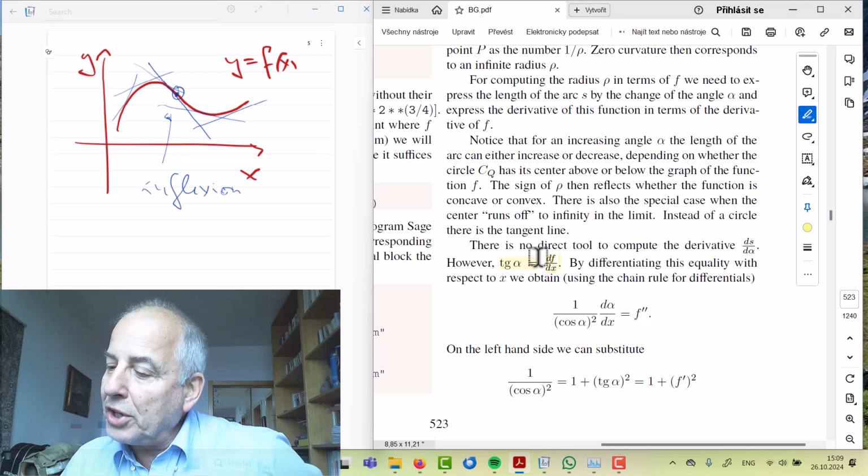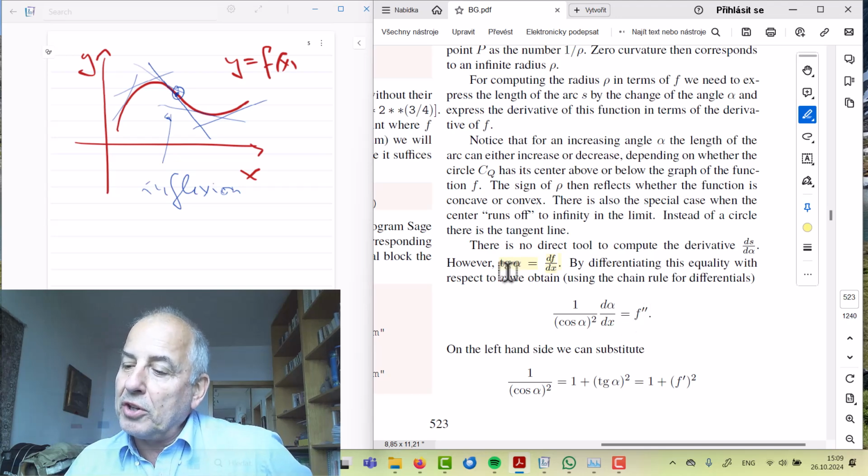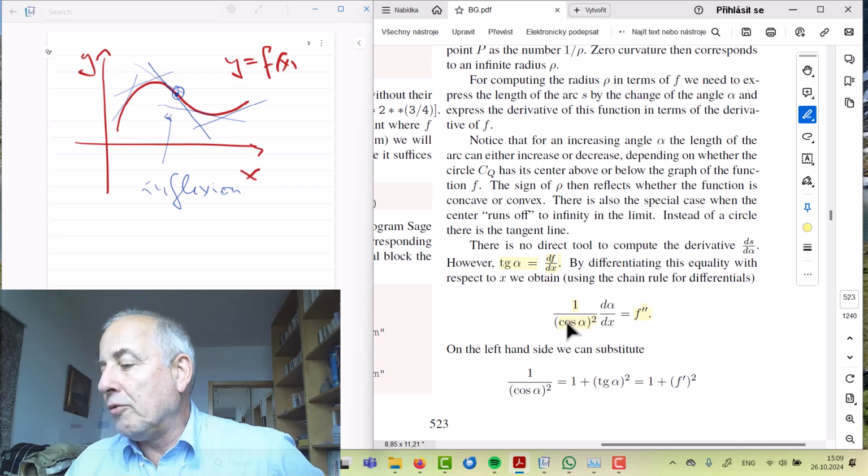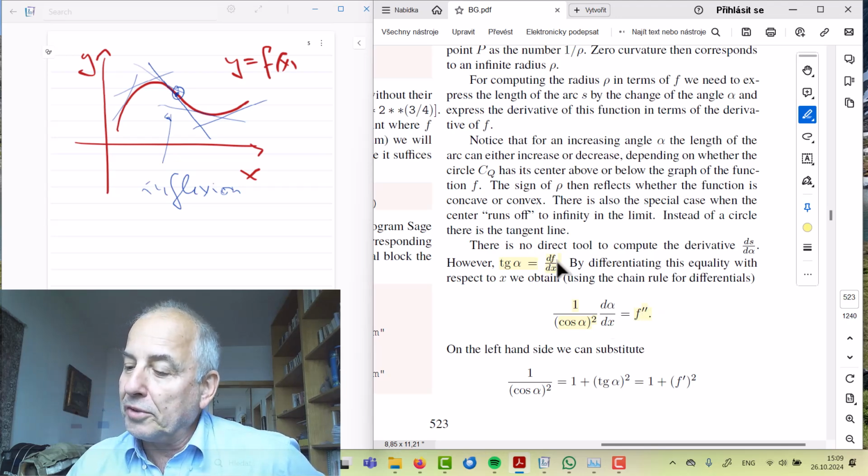If we differentiate this again, on the left hand side we differentiate the tangent and we get this, and on the right hand side there will be a derivative, right? So the differential of the left hand side will be 1 over cosine square d alpha, and on the right hand side we have the second derivative times dx, right, because it's the derivative of the first derivative.